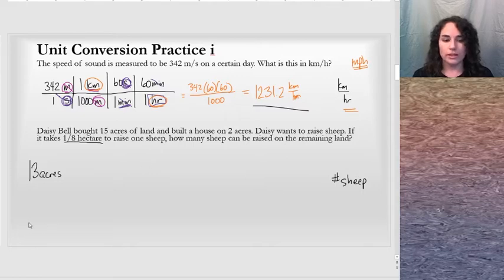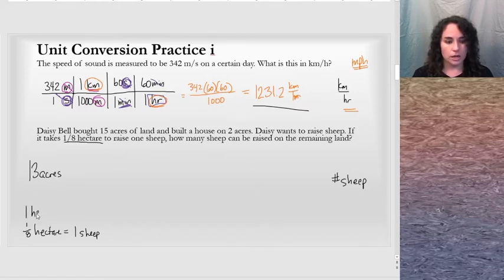So to me, that is a conversion factor. 1/8 of a hectare equals 1 sheep. So that gets me to number of sheep, and I know that a hectare is an area of land, just like an acre is an area of land. So there must be a conversion factor between acres and hectares, and there is.